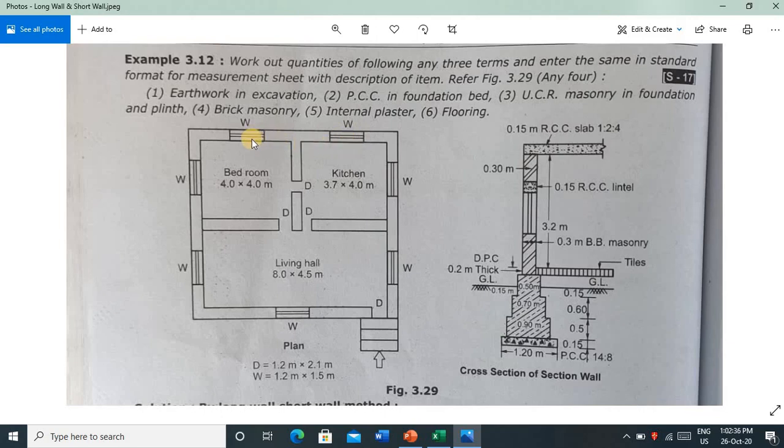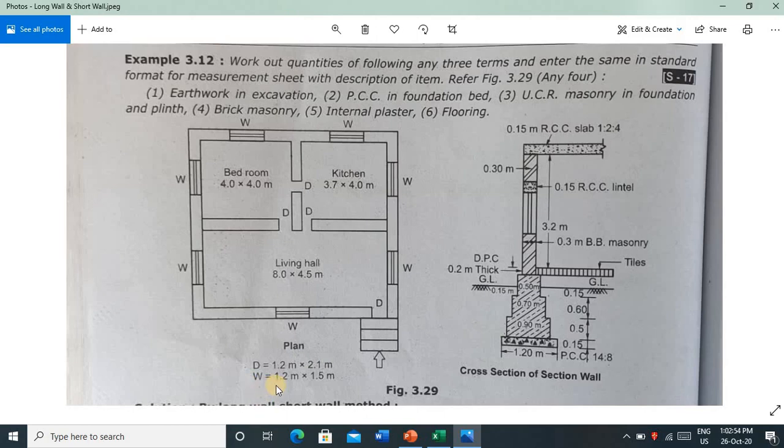The total number of windows will be 1, 2, 3, 4, 5, 6 and 7. 7 windows are there, and the details, meaning the size and dimensions of doors and windows, will be given somewhere near the plan. Here it is given.